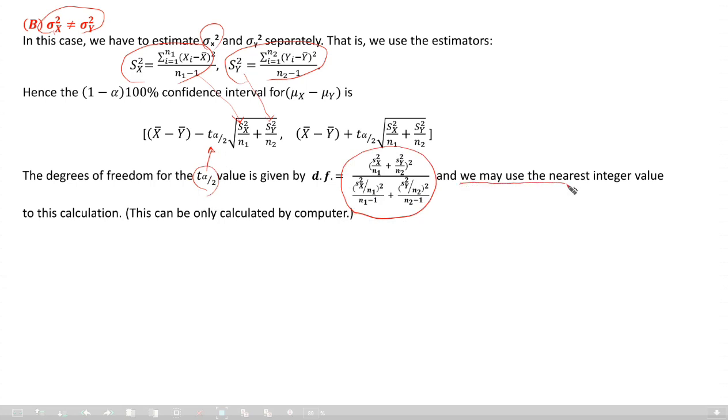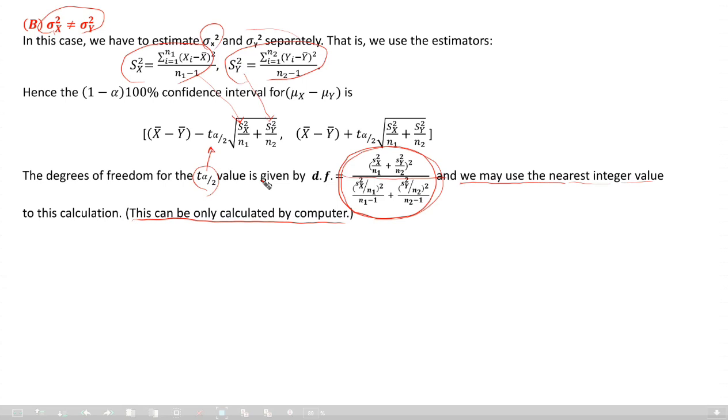We may use the nearest integer value of this one. It is calculated this way, and this calculation can only be done by computer. So we cannot solve this problem by hand. We have to use a computer.